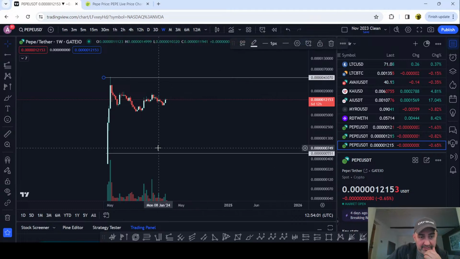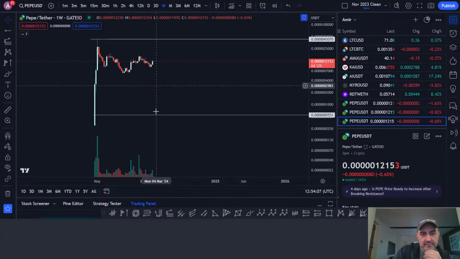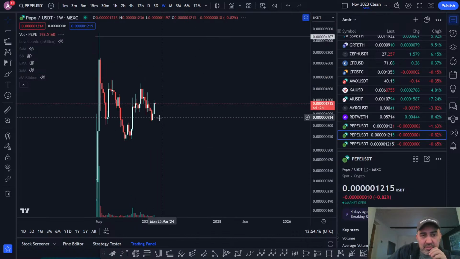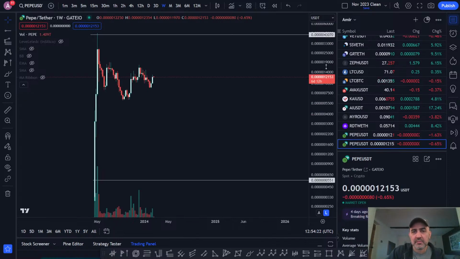I think Gate is the chart of choice. Let me see which has got the most volume. 30 trillion in the last week. Yeah, definitely Gate is the chart of choice. Just use Gate.